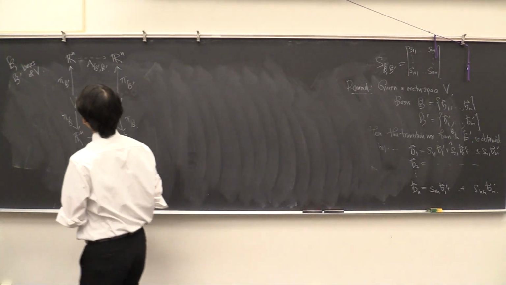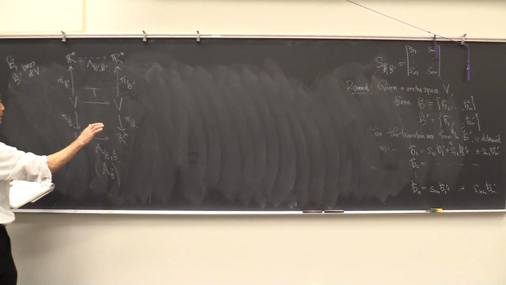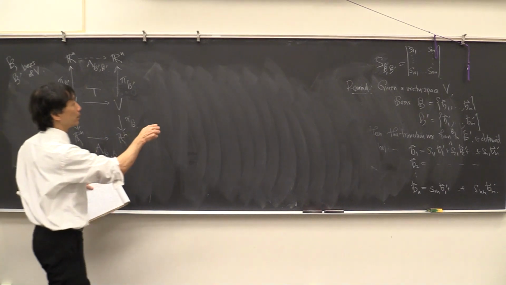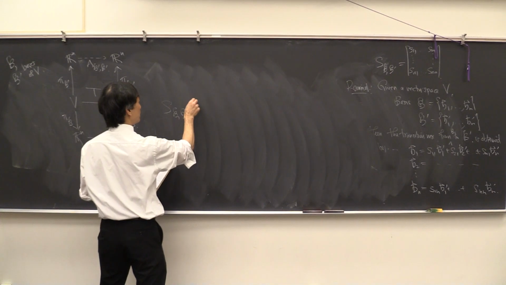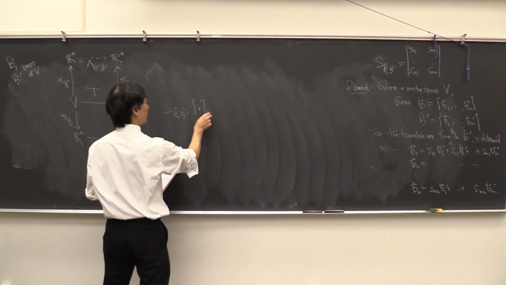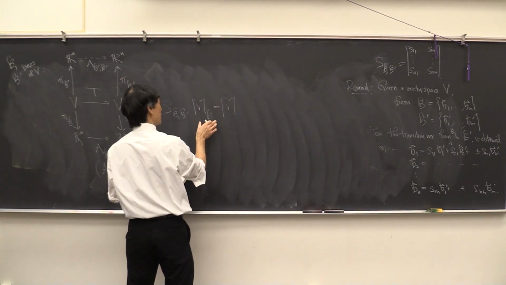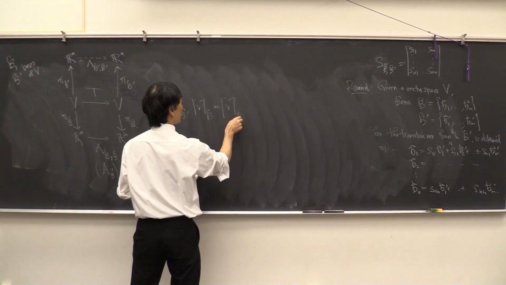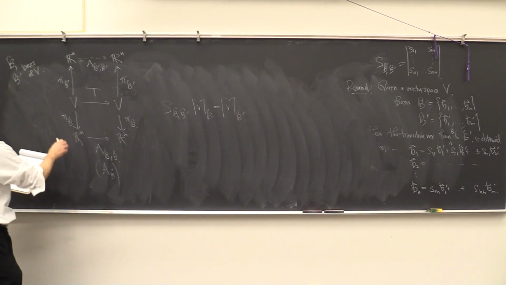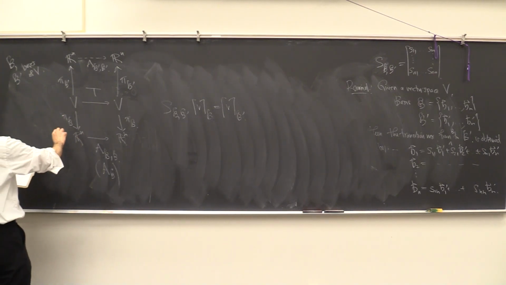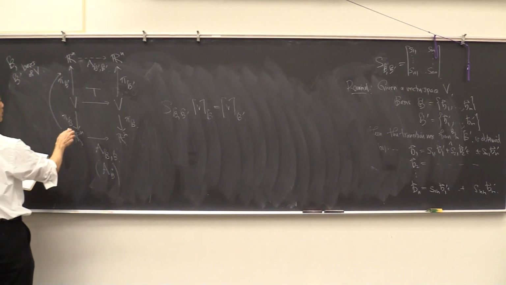Oh, actually, before we do that, let me comment on something. So remember what that matrix does. S_B B' is going to be the matrix that takes the coordinate vector with respect to the B basis and gives you back the coordinate vector with respect to the B prime basis, right? So in the picture here, it goes from down here up to here.